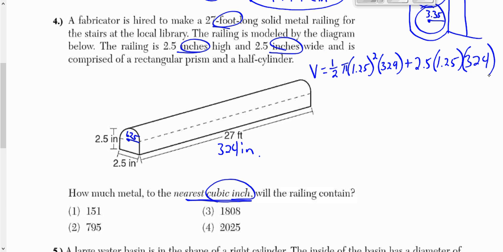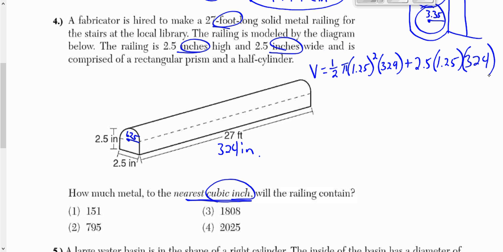What's the height of the rectangular prism, guys? That 2.5 is the height of both of them together. Isn't it?